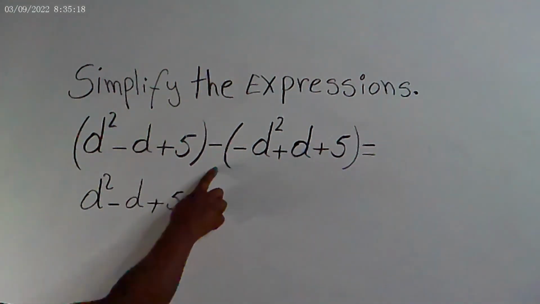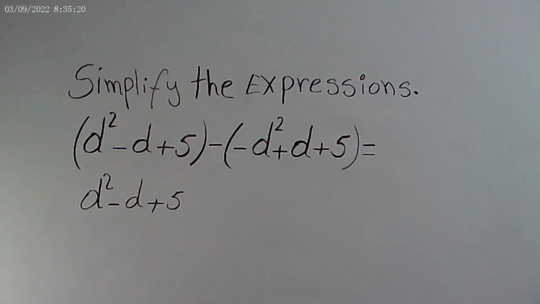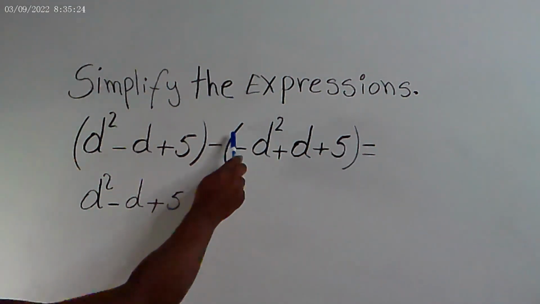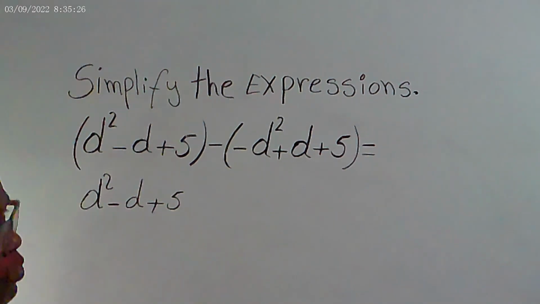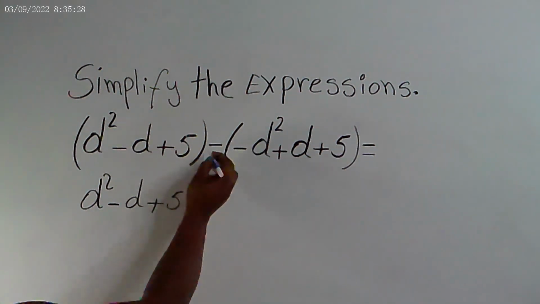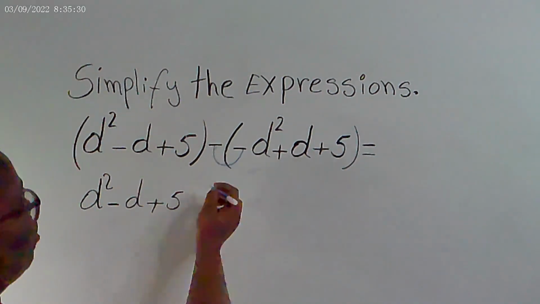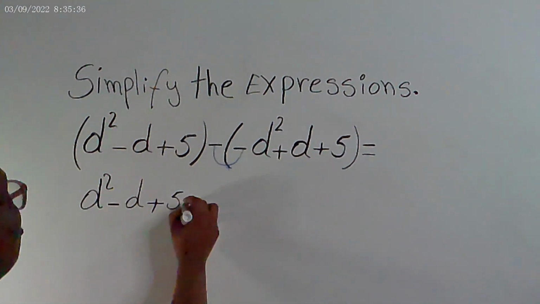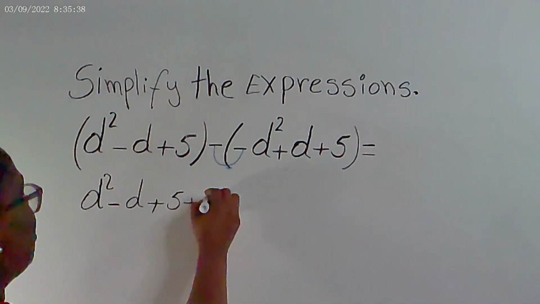So on the next one, because you have a minus here, that minus is going to multiply all the numbers inside. Minus times a minus gives you a plus. Okay? So right here you have a plus d squared.